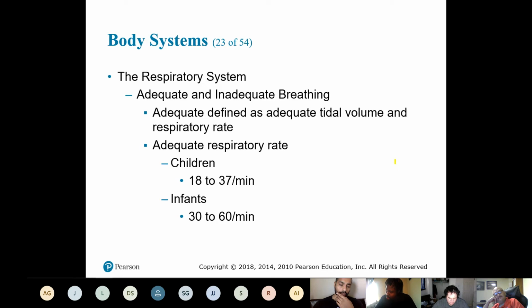Now, an infant is those kids that are under 1 year of age. So for an infant, don't look at that number, that 30 to 60 is for newborns. For an infant, it's 25 to 50. And how can you remember that?